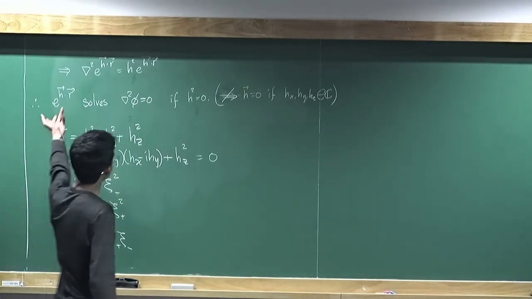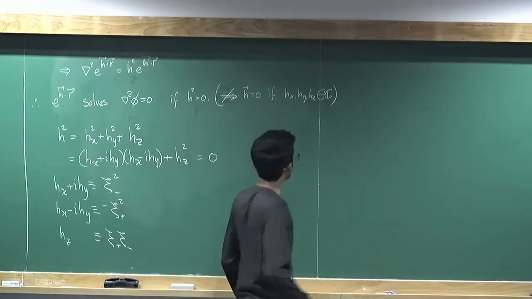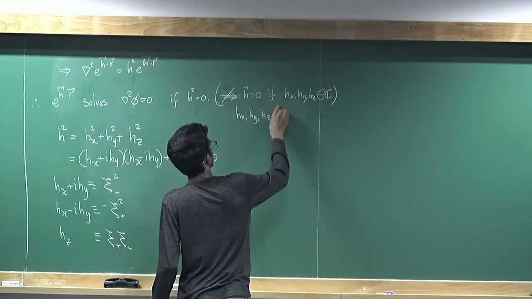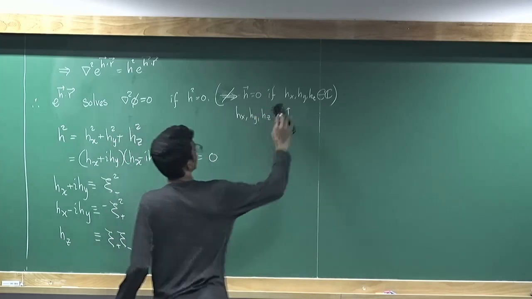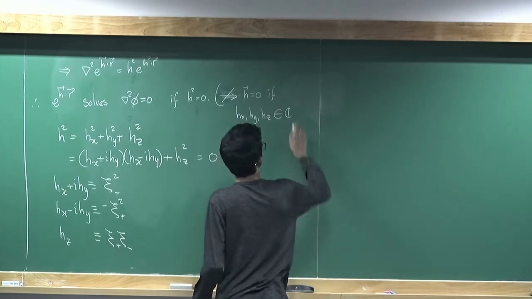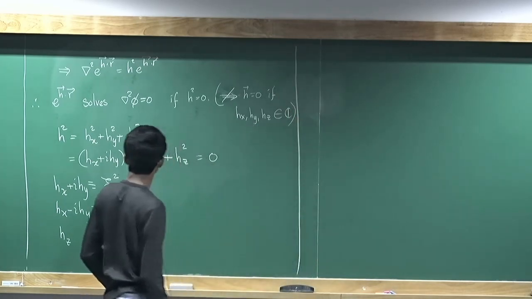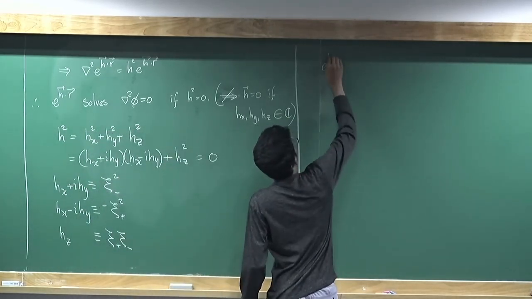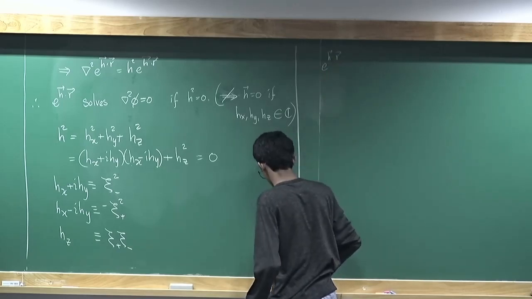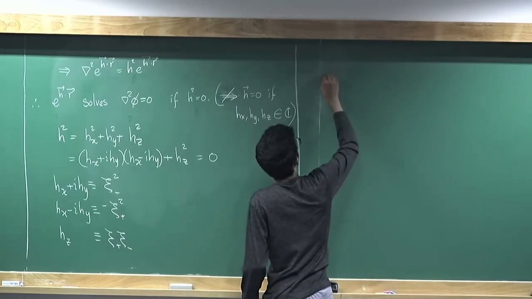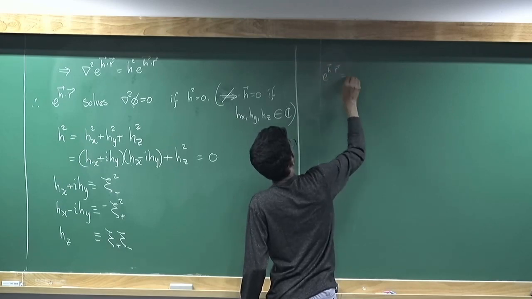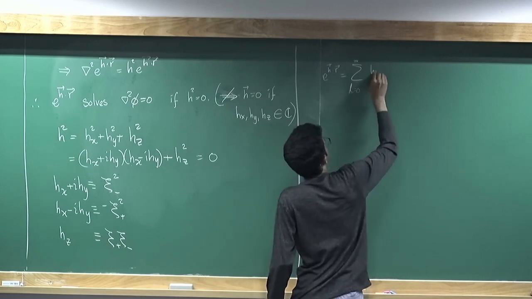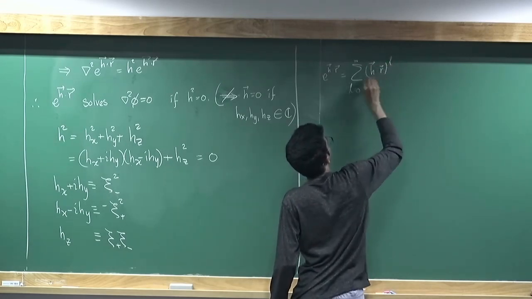Now all we need to do is expand e to the h dot r to find the solutions, which let's do. Before expanding, let me just write this. e to the h dot r is equal to the summation L equal to 0 to infinity of h dot r to the L over L factorial.